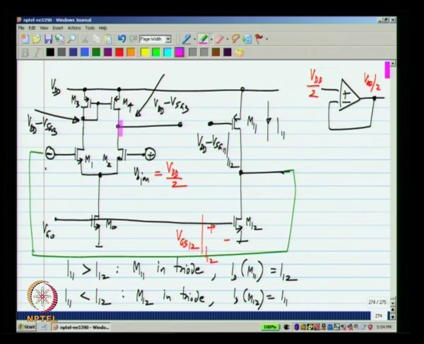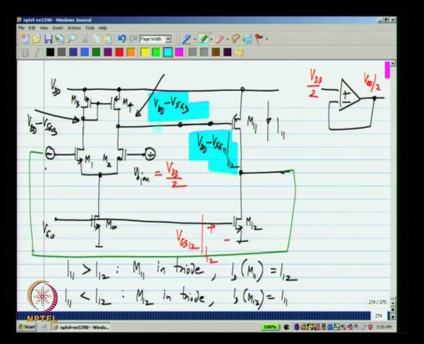Now, the differential pair will tend to give an output of VDD minus VSG3 when it is balanced. Let us say this VDD minus VSG3 is not equal to VDD minus VSG11 required for a current of I12. So, what happens when we connect these two together? The output of the first stage has to move from its natural value of VDD minus VSG3 to the gate voltage required for M11 to carry a current of I12.